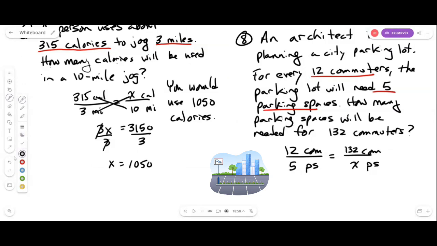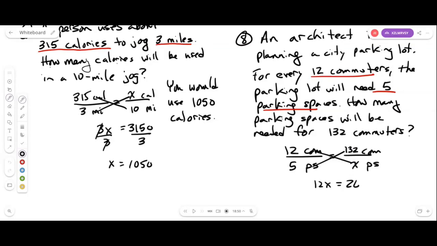Now we cross multiply, solve the proportion. 12x equals 5 times 132. We get 264.